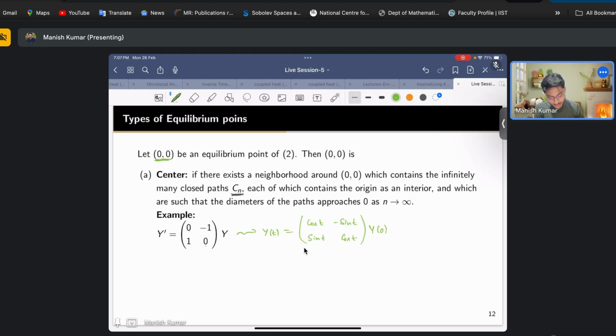You can clearly see from here that 0 comma 0 is an equilibrium point. This we already have. Now we have to check whether this 0, 0 is a center or not. So let us draw this phase diagram.